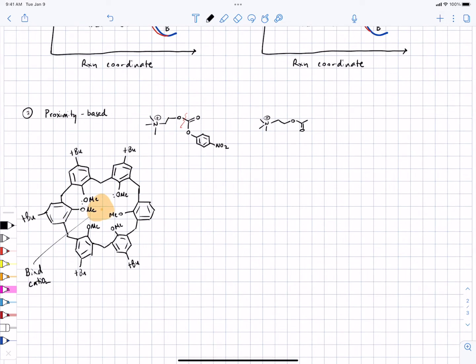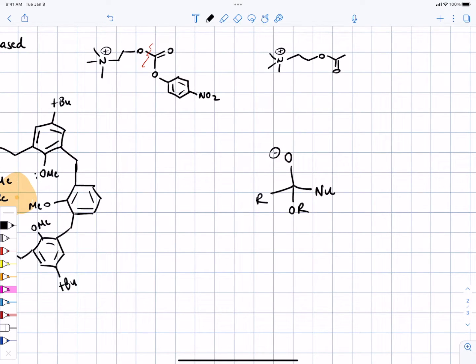There's a lot of proteases and esterases in which some nucleophile attacks an ester or an amide group, and you go through a tetrahedral intermediate, and right where that negatively charged oxygen is, there are often functional groups that can hydrogen bond to that oxygen. This is the so-called oxyanion hole. It's like a pocket into which that negatively charged oxygen can pack and be stabilized by hydrogen bonding.